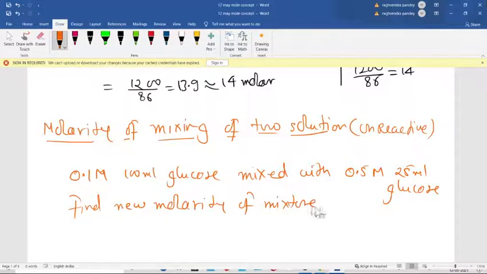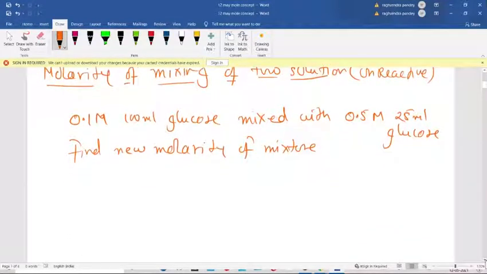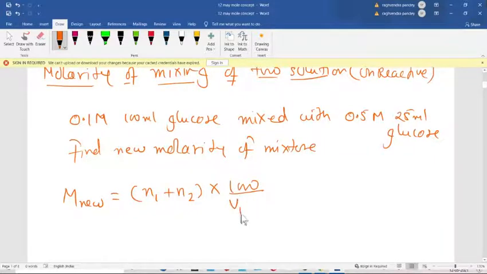So here, what is the new molarity? It means you have to find the total number of moles and the total volume. So new molarity is number of moles of first solution plus number of moles of second solution, into 1000, divided by volume of first solution plus volume of second solution, and volumes are in ml.